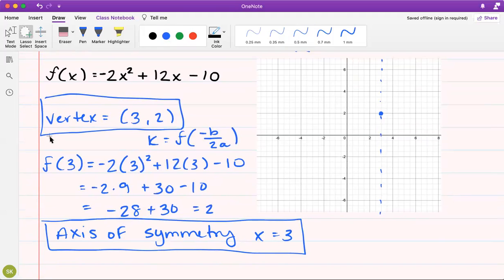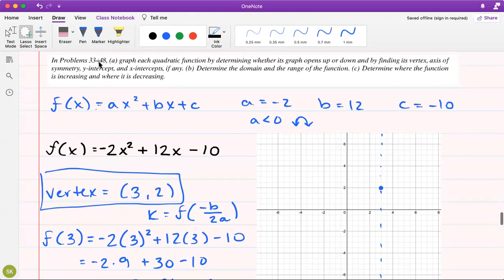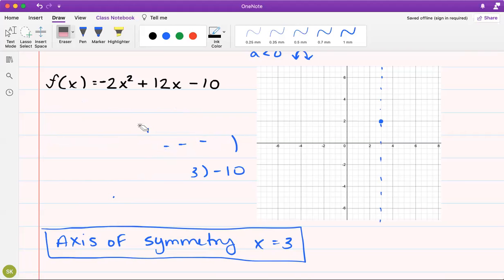Okay, the next thing we need to do, so we found the vertex, the axis of symmetry. Let's find the y-intercept and the x-intercepts. And I'm going to put over here what this point is, (3, 2). And this is x is equal to 3, this line here.